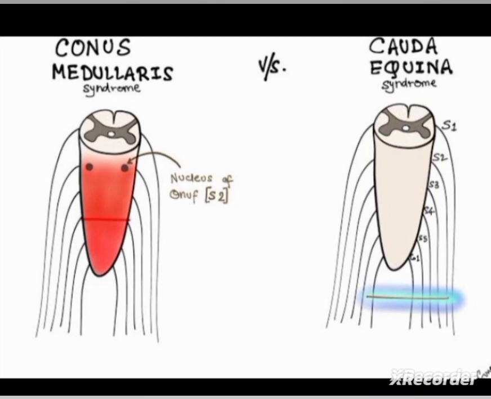In the same way, in cauda equina syndrome, the lowest portion of the spinal cord, especially the lumbar and sacral nerve roots, is affected. So again there will be flaccid paralysis and areflexic bladder and bowel function. So this is regarding conus medullaris syndrome and cauda equina syndrome.